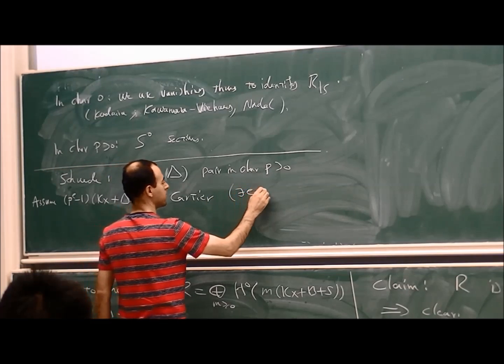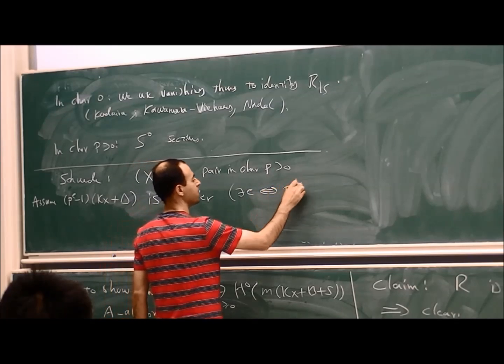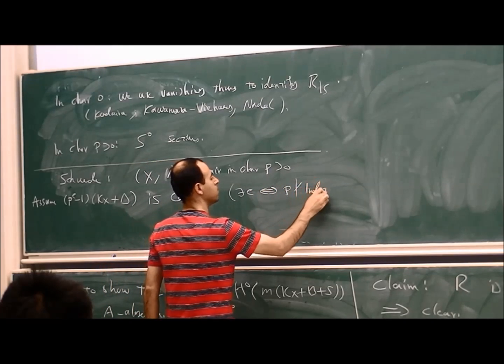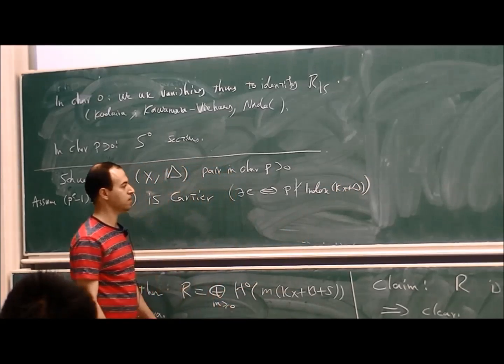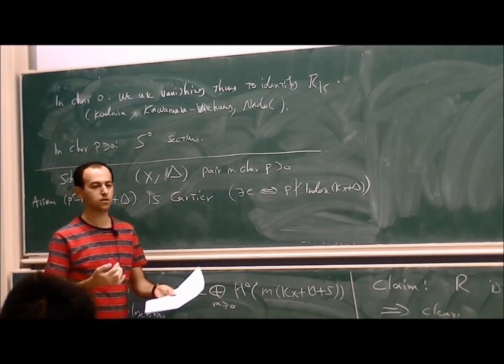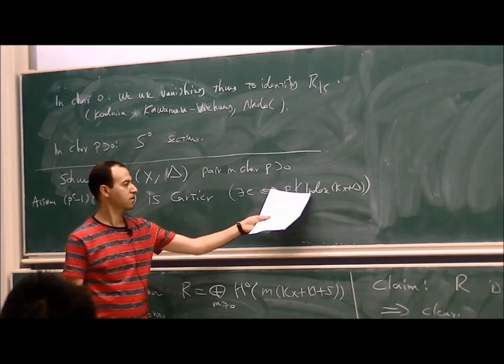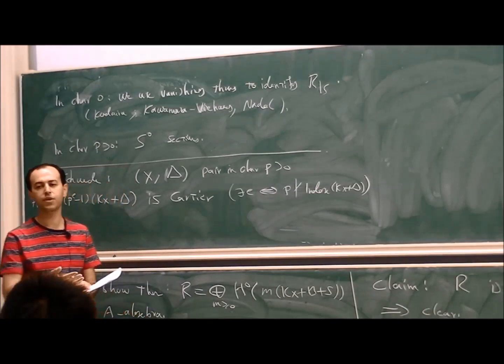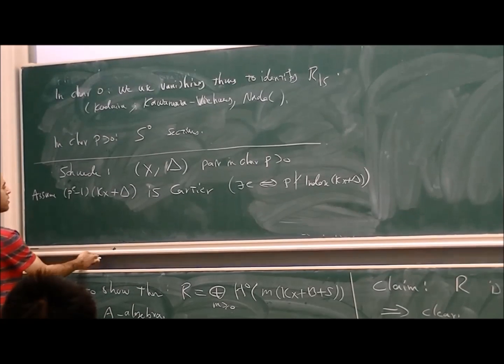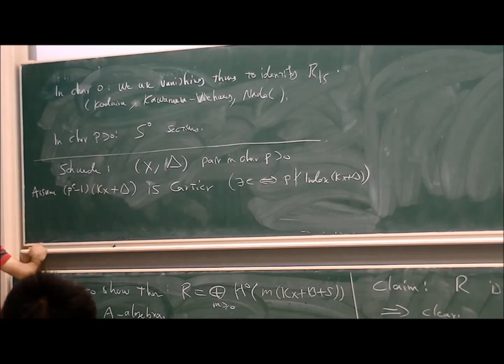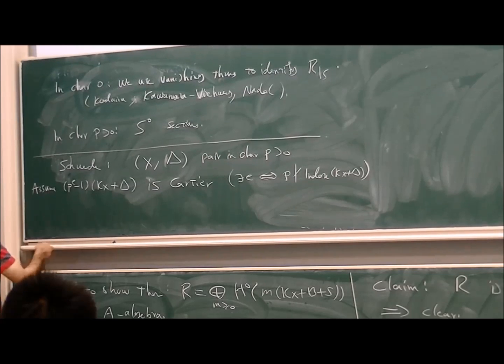There is such an e if and only if p does not divide the index. But for this flipping situation, this is not really a problem because there is always some ample divisor, there is a flexibility to change things, so you don't worry about it. You can find some e such that this is a Cartier divisor.